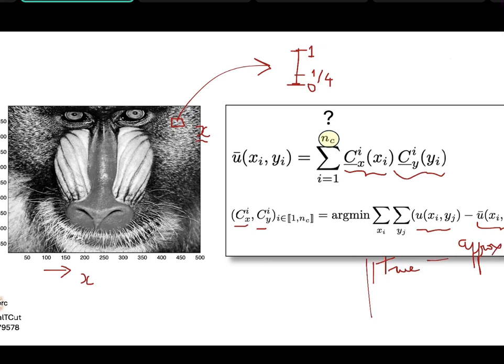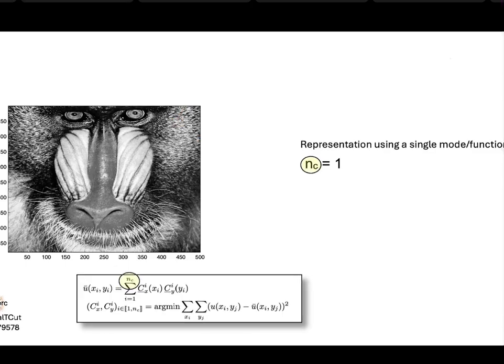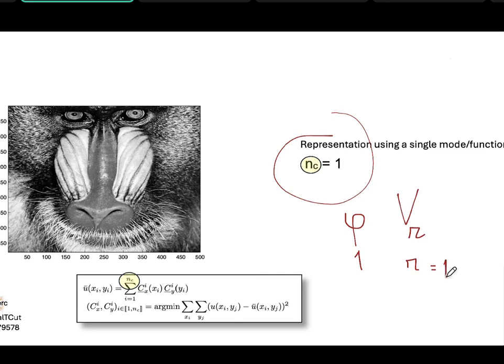So how do you do it in a practical way? Well, you will start by having one mode. So you have a single mode now, and you're going to try to see if you can represent the image using only one mode. So you remember that is akin to what we said earlier about the POD modes. That would be phi1 related to the space VR, and now R is equal to 1. Here I called it NC. This is the number of modes.